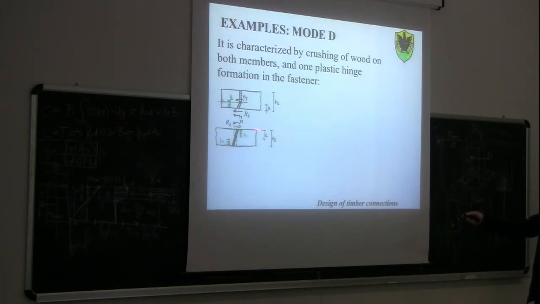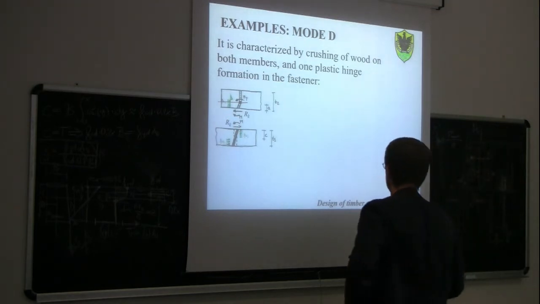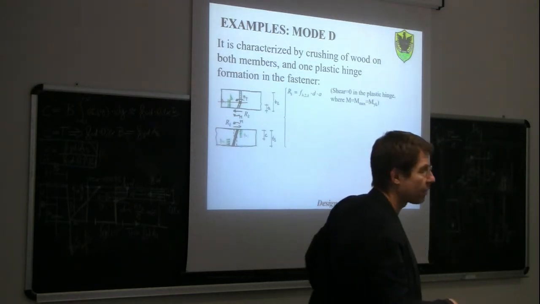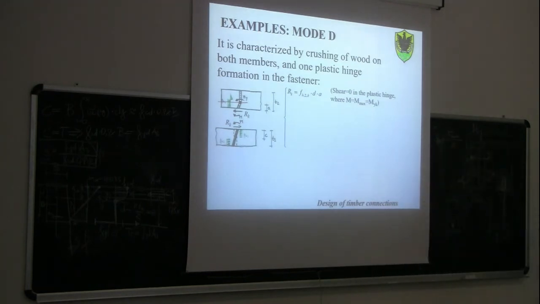So in the end we have 4 unknowns. a, the position of the plastic hinge, c, Rk, which is actually the load-carrying capacity that we are interested in, and M, the bending moment in this cross section. So in order to find the solution, we need to solve this system of 4 equations in 4 unknowns. First equation, we know that at the level of the plastic hinge here, the shear must be equal to 0.